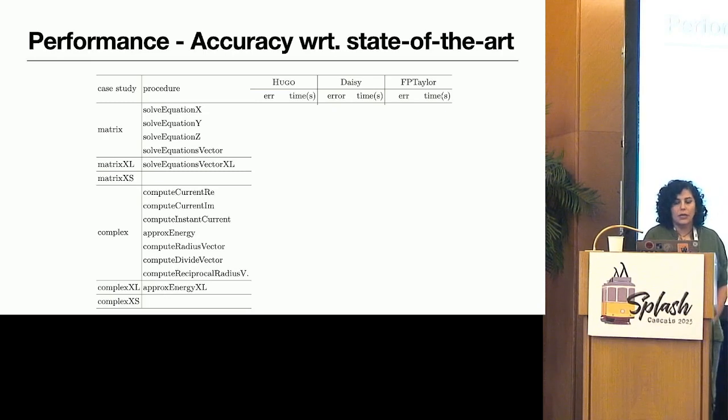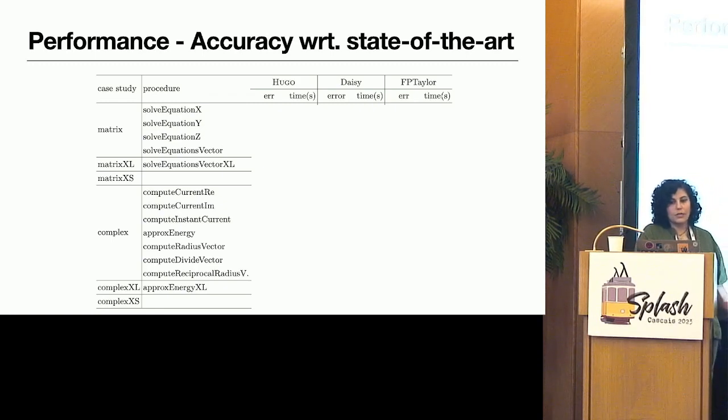So as part of our evaluation, we compared Hugo with two of the state-of-the-art tools, FBTailor and DAISY. We chose FBTailor because it implements the baseline symbolic approximation, Taylor expansion technique, and it has been shown to outperform the other tools.